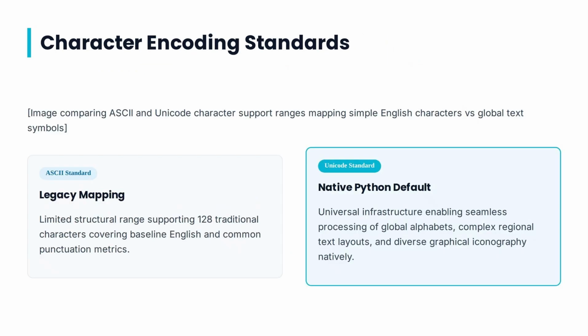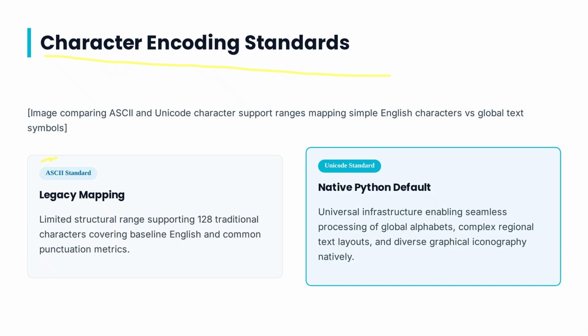So, character encoding standards. Imagine comparing ASCII and Unicode character support ranges, mapping simple English characters versus global text symbols. Let's talk about the ASCII standards, that is the legacy mapping. Limited structural range supporting 128 traditional characters covering baseline English and common punctuation. It's very much what we do in English.